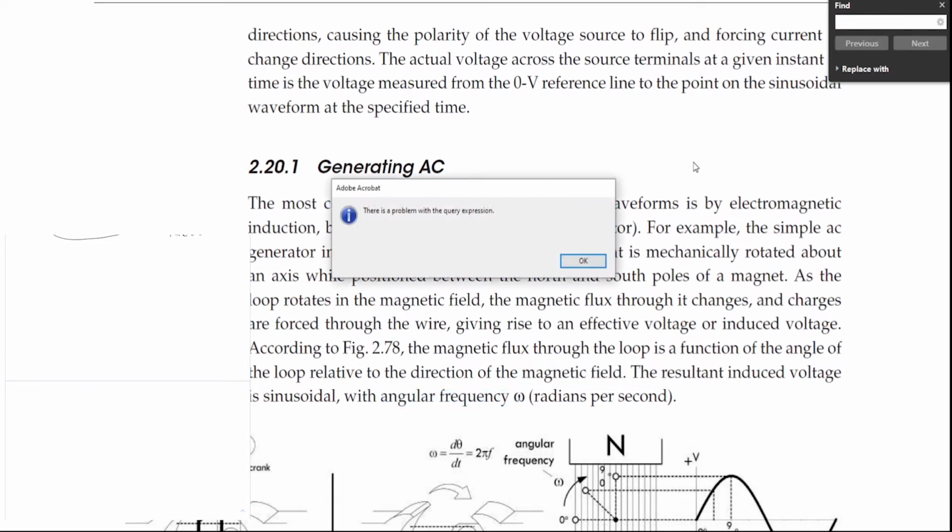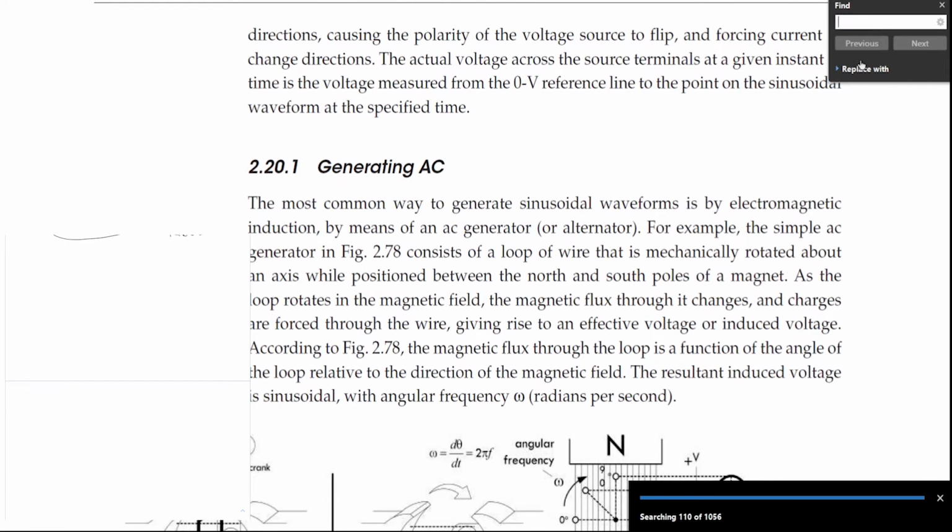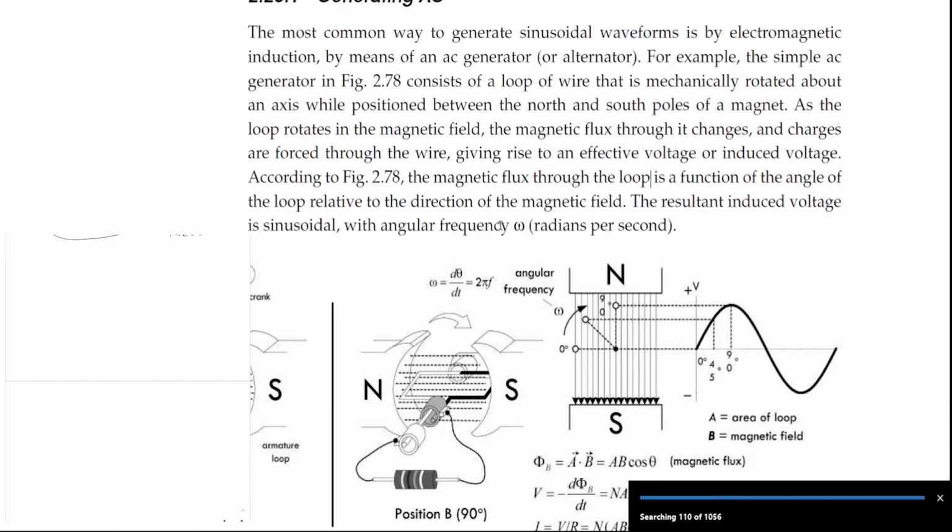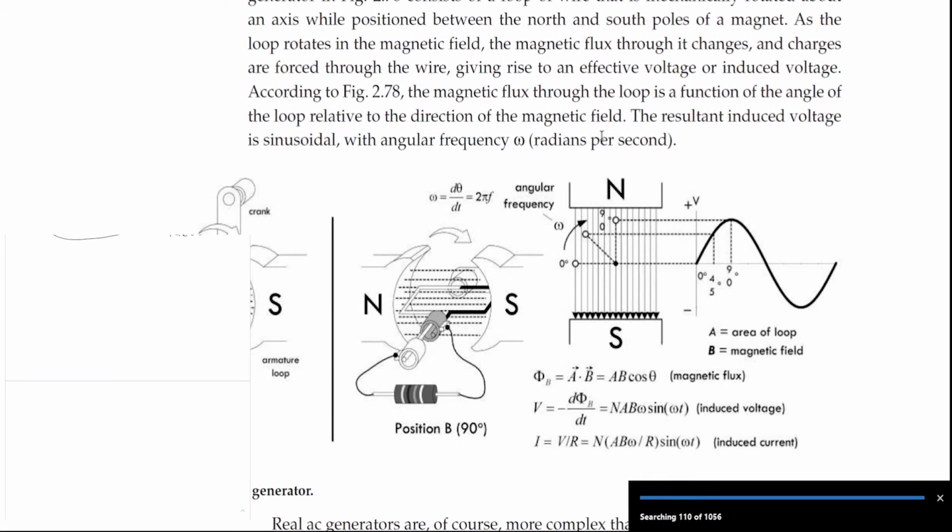It won't let me search for Omega. Okay, so let's just assume that this is the first instance of them mentioning that. Okay, so the resultant induced voltage is sinusoidal with an angular frequency of radians per second.